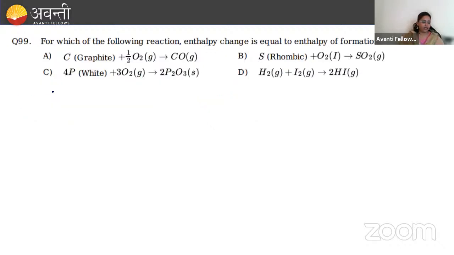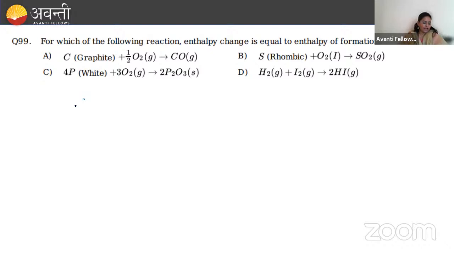Are you getting it? So the second last question. For which of the following reactions is the enthalpy change equal to the enthalpy of formation? So what will be the answer here? Yes. Any answers from your side? Enthalpy of formation is for formation of 1 mole of product by using reactant species present in their standard state.